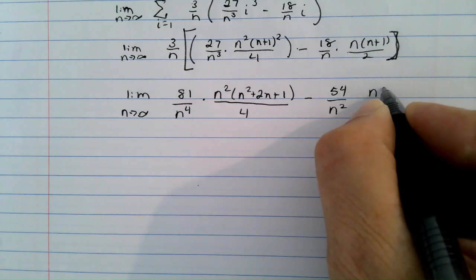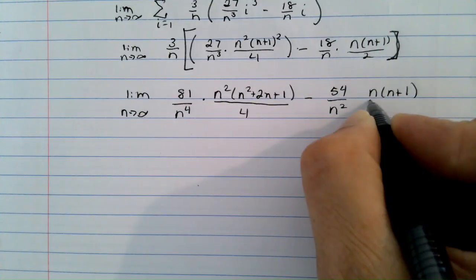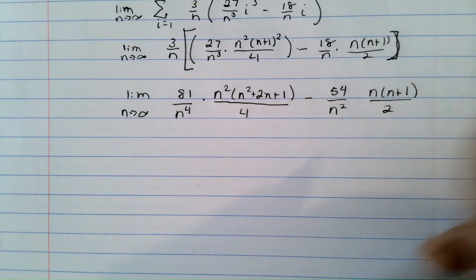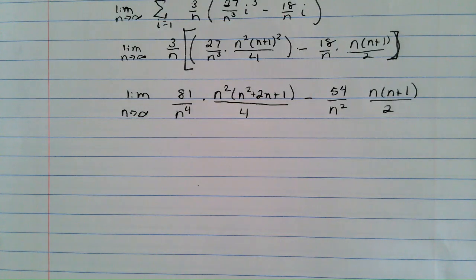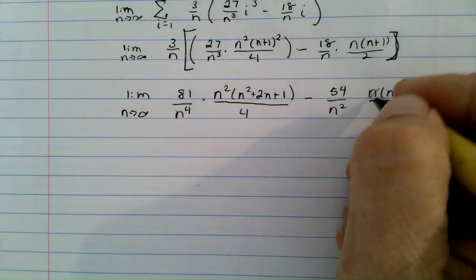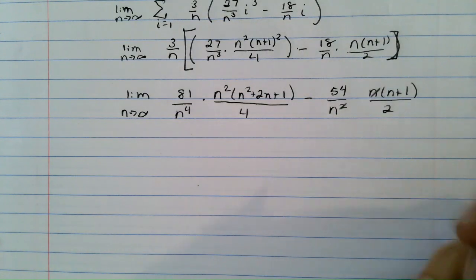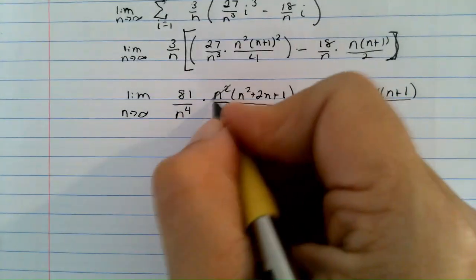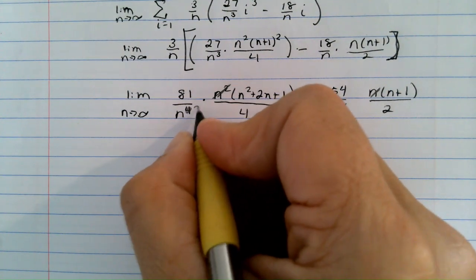We'd have n plus 1 over 2. Okay, so I distributed that. Now, this n gets rid of one of those n's. This n here gets rid of 2 of these.